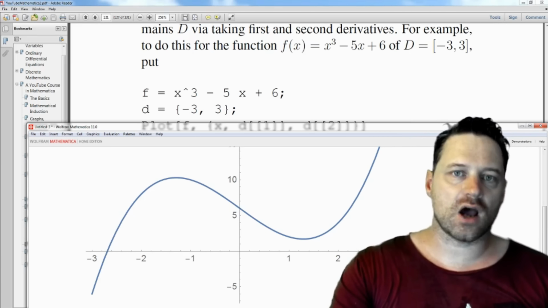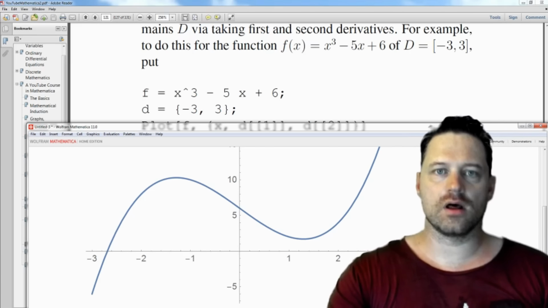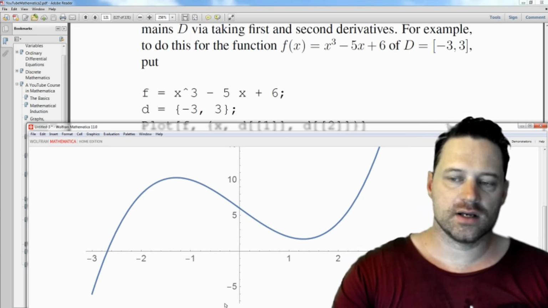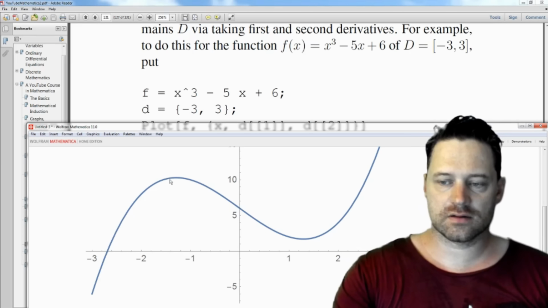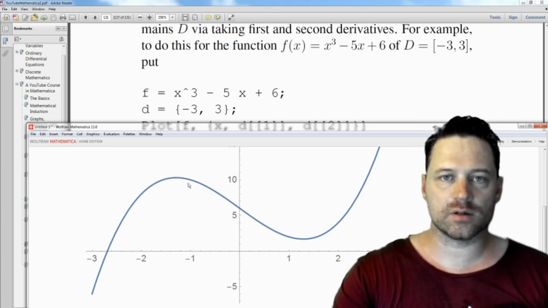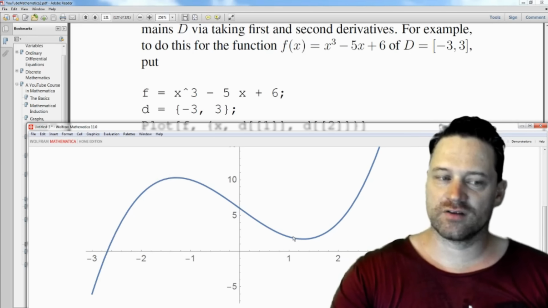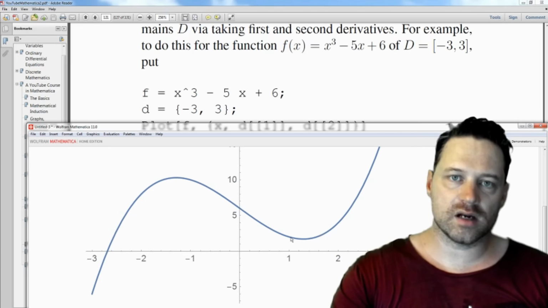You might want to know what the local maximum and minimum are. I'll just point these out. This top is a local maximum because it is in that local area, you see. And this bottom over here is a local minimum.